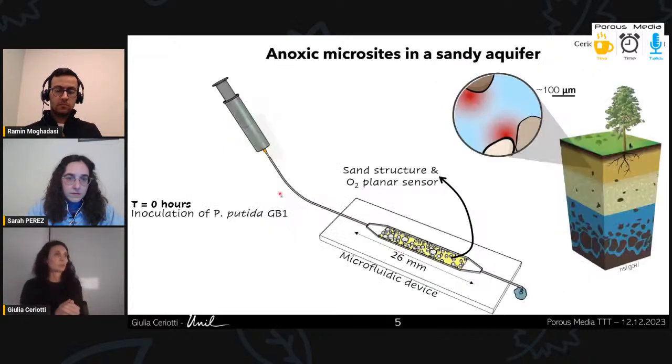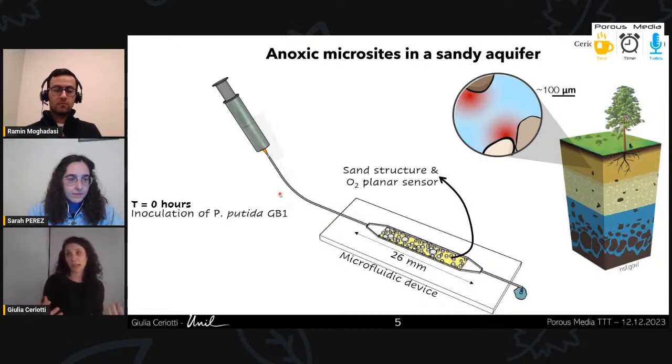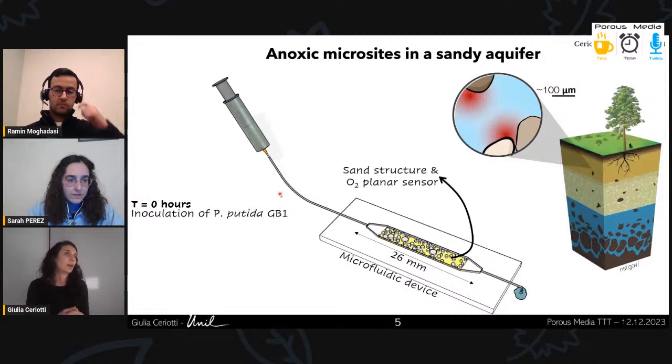So using this approach, what we wanted to do is to replicate in the laboratory the formation of an anoxic microsite driven by aerobic respiration. So we designed a microfluidics device that replicates the structure of sand, and we integrated it with an oxygen planar sensor.